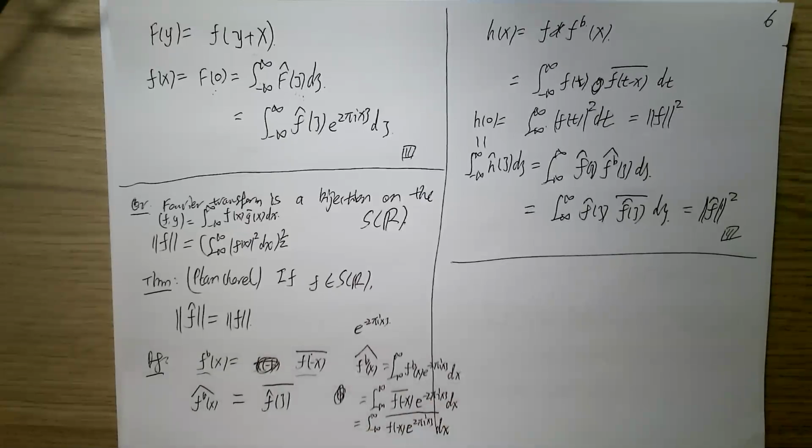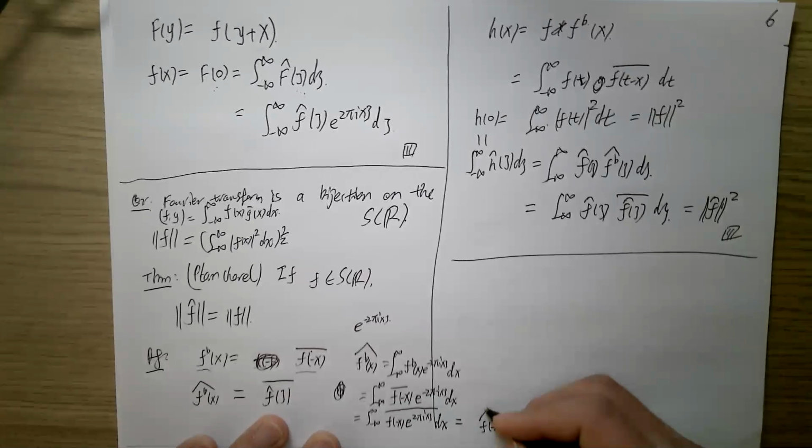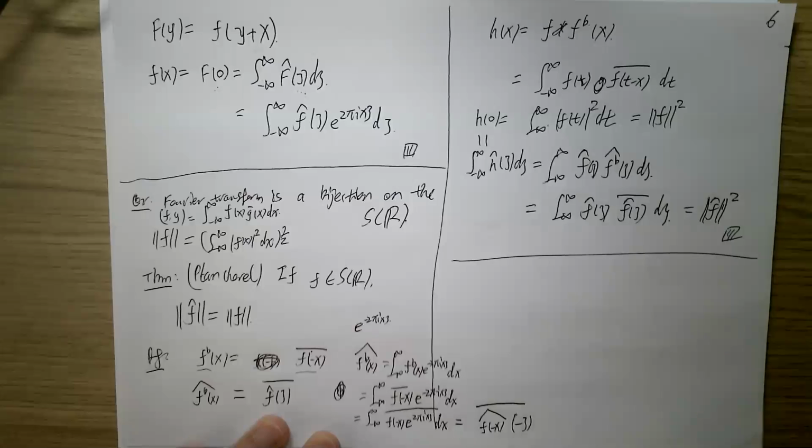Okay, so what's this? If you have this kind of thing, then you probably want to say it is f(-x). You take the Fourier transform, and then you take the bar, and then you evaluate at minus ξ.